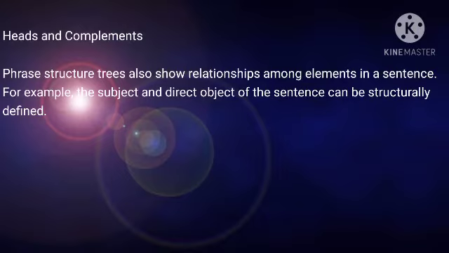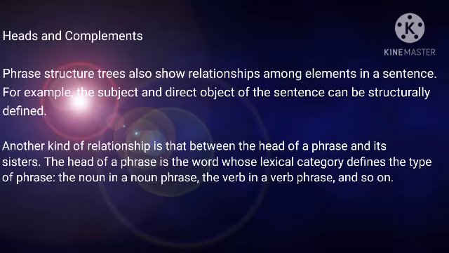Okay, so phrase structure trees also show relationships among elements in a sentence. For example, the subject and direct object of the sentence can be structurally defined, and the subject is the noun phrase that is close to or immediately dominated by the root S. And another kind of relationship is that between the head of a phrase and its sister.